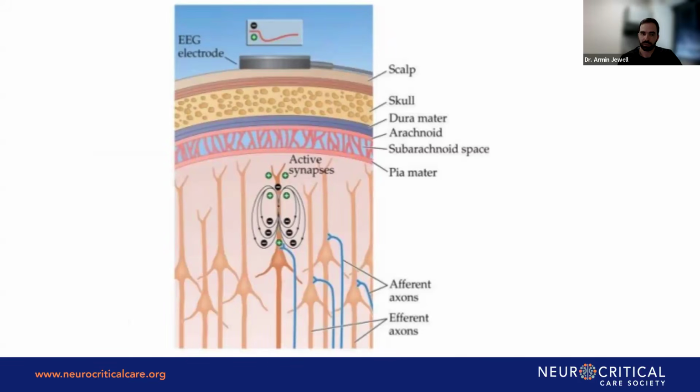So you can see the electrode on the surface. There's all these layers that the electricity has to pass through for it to be picked up. And then the green pluses and the black negatives combine together to create a field. And depending on which one is stronger, it either forms a positive or negative deflection on the EEG, as shown at the top.